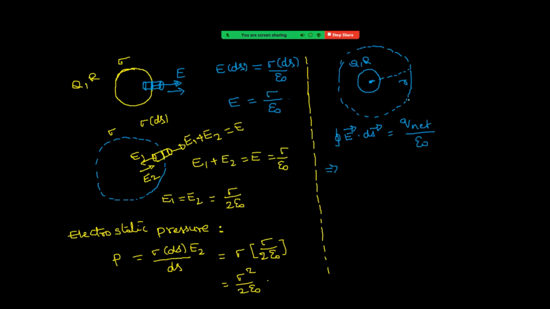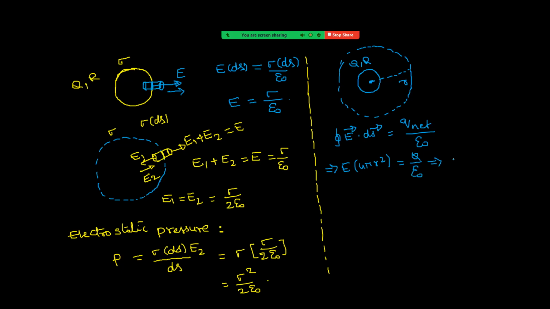Now here, at each and every point on the surface, E bar and ds bar are in the same direction. At the same time, the modulus of E bar is a constant, meaning the same value. So I can write E into the integration of ds, which becomes 4 pi r square, equal to the net charge inside, that is Q, upon epsilon naught.